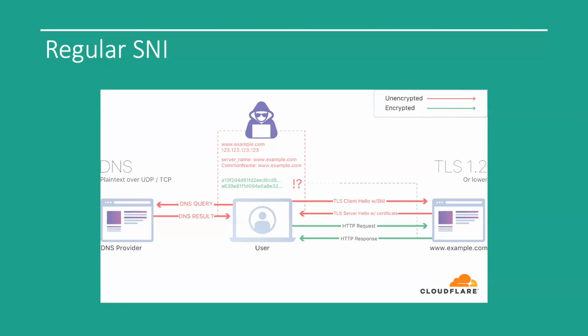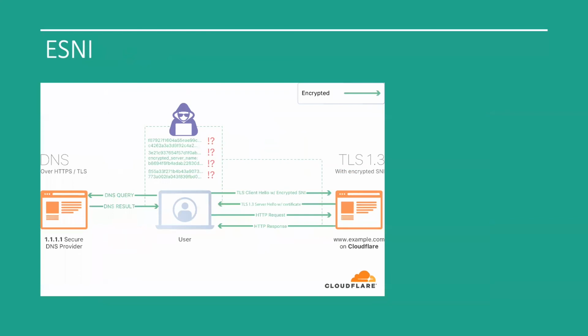But if TLS itself doesn't have that host name fully encrypted, there's not really much of a point. You're still leaking data about yourself, and attackers can at least snoop on that data. They won't be able to manipulate it, but they can still see where you're going. The fix for it is ESNI, or Encrypted SNI.